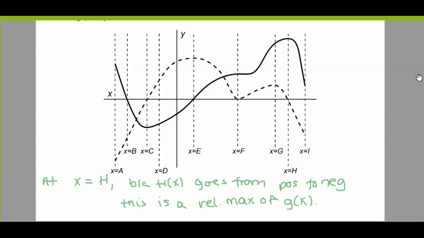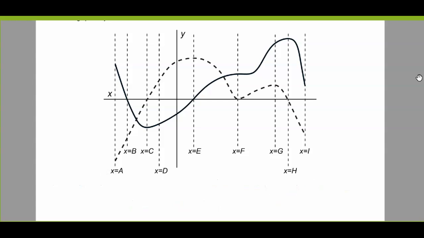And for that reason, we know that f is neither a max or a min because there is no sign change.